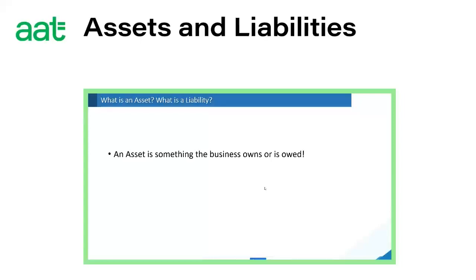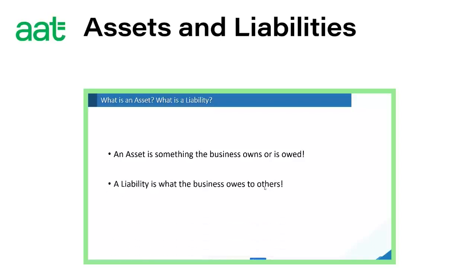Okay, so whether it be a motor vehicle, a computer, whether it be photocopy paper, it could be money that's owed to them from their credit customers, it could be money owed to them because they've got a balance in the bank. So think about it as, what has the business actually got that they could physically cash into or change into money when they need it. Okay, so keep that in mind.